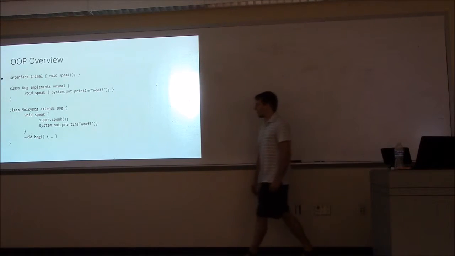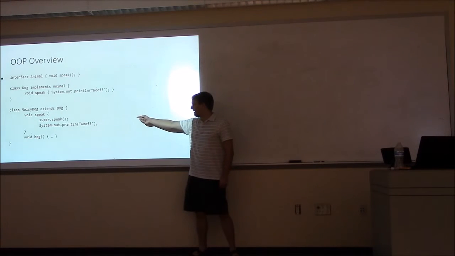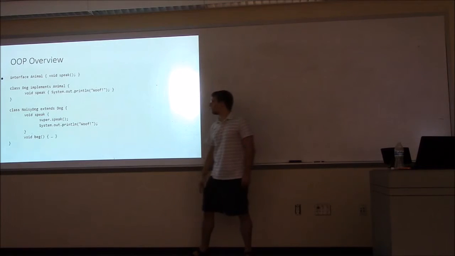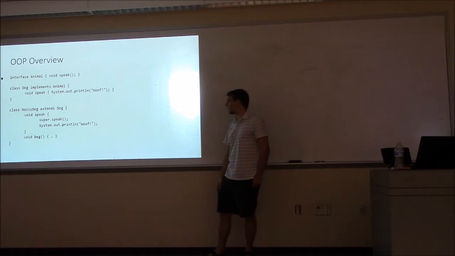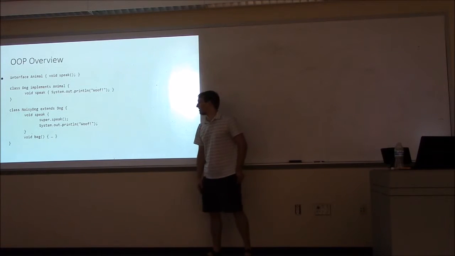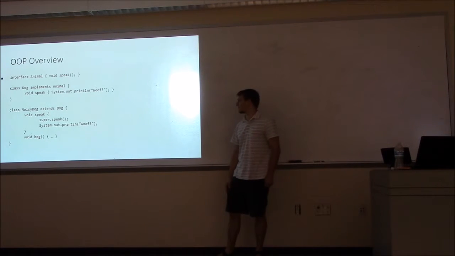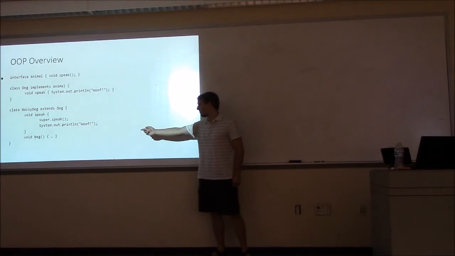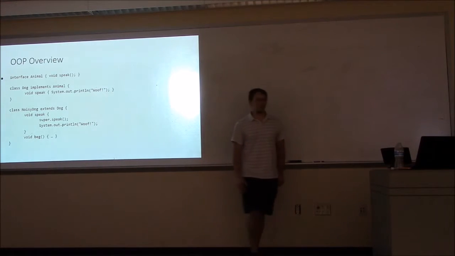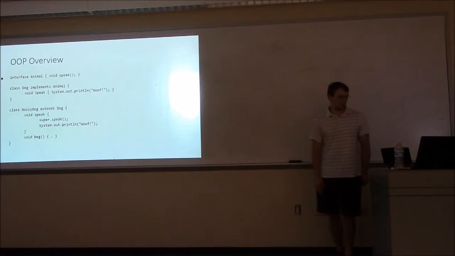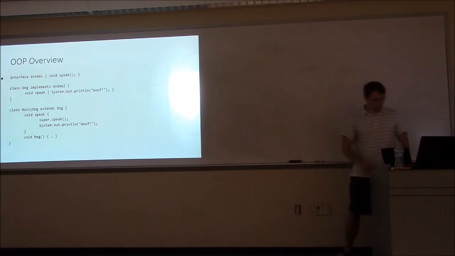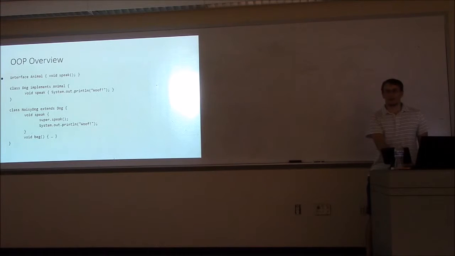And then it can call inside the method super.speak, and because the superclass of NoisyDog is Dog, it will call Dog.speak when you call super.speak. And then it can do other things. So in this case, it would print woof twice. And NoisyDog can also add new methods that are not in the base class or interface. Any questions about any of that?